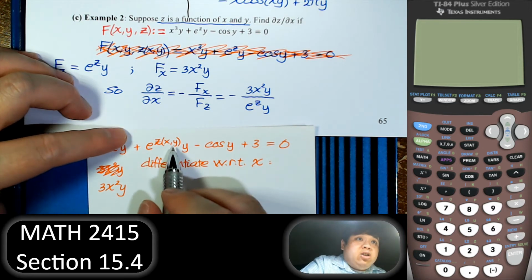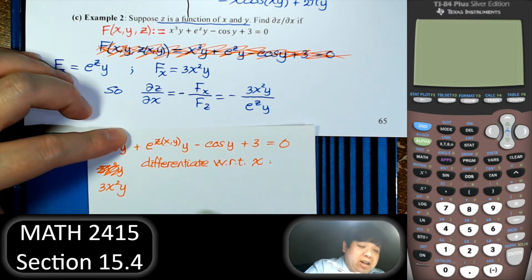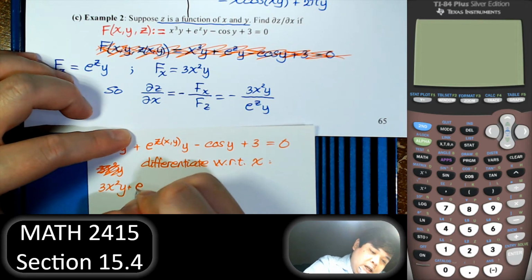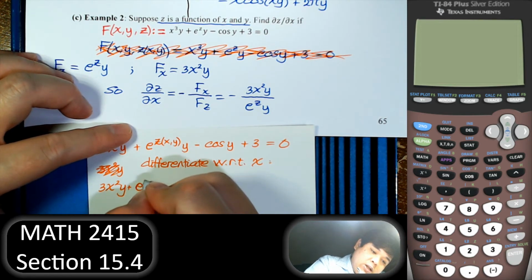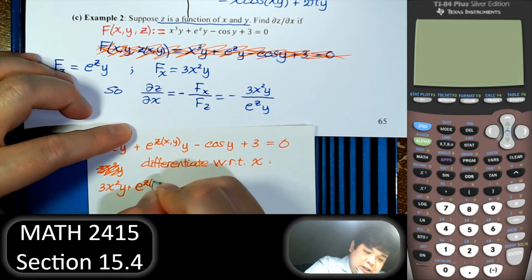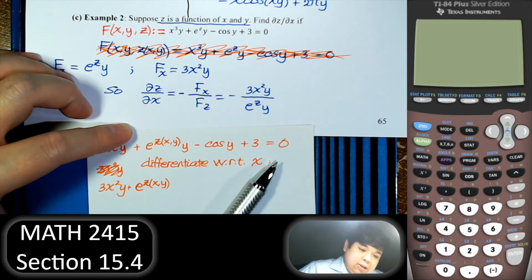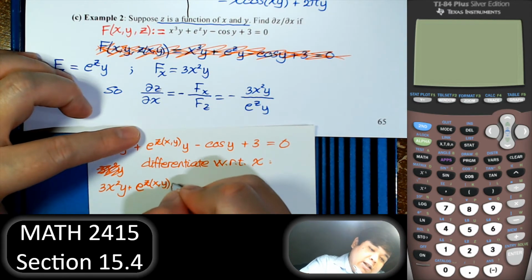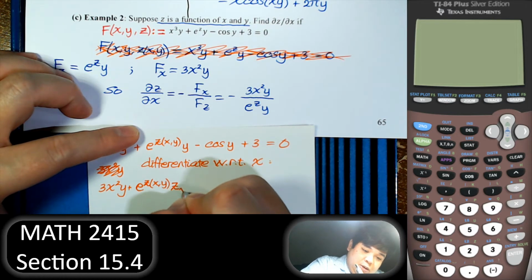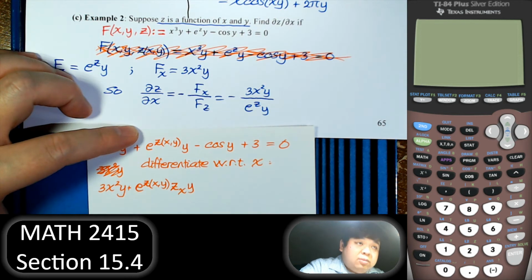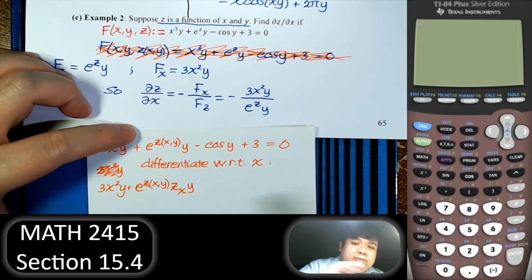Now z is a function of x, so certainly z has x in it. So we write plus e to the z, and then we have the derivative of z with respect to x. Stick the constant y to it.